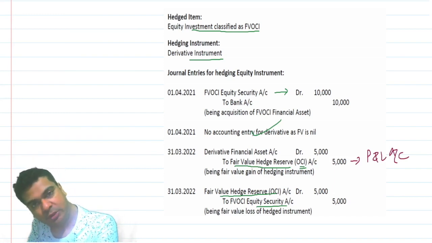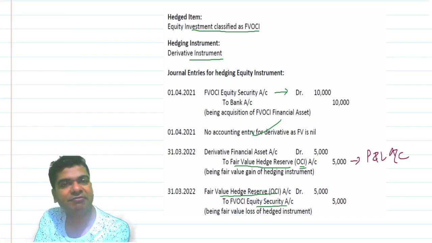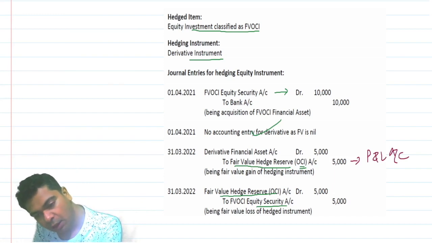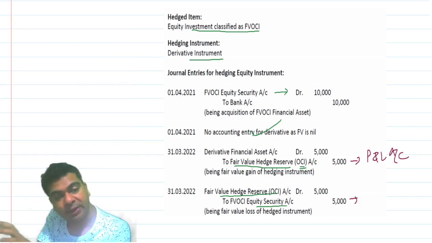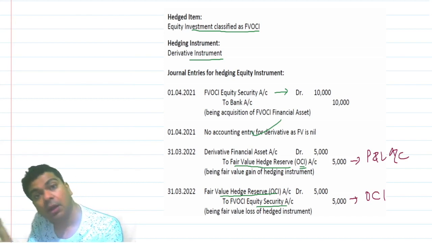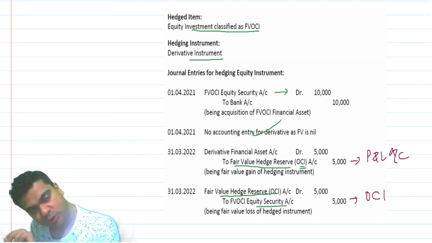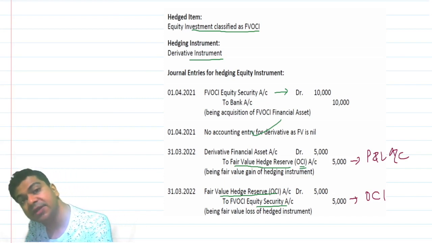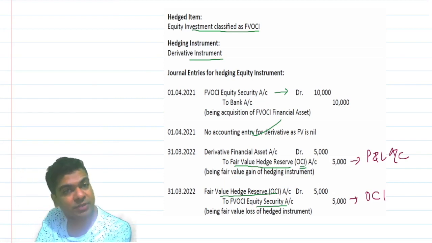A derivative instrument will be classified compulsorily as FVTPL. So changes in the fair value of the derivative will go to the P&L, while the fair value changes of the equity instrument classified as FVOCI would have gone to OCI.